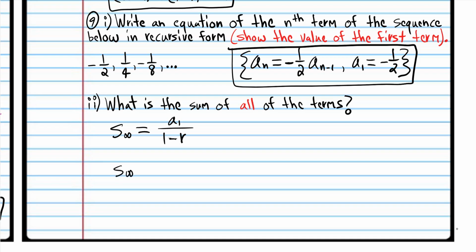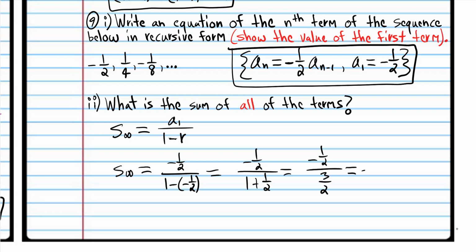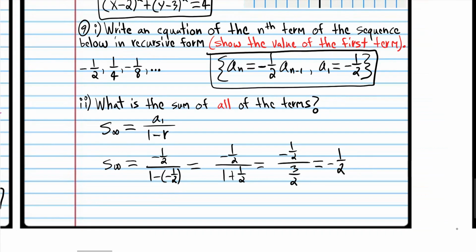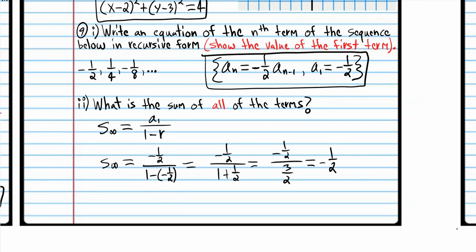Alright, so the first term is -1/2. The common ratio is -1/2. So now all we have to do is simplify this, and we have the sum of all the terms. So we have -1/2 over 3/2. A lot of students have trouble with this basic math, but at this point you really shouldn't be having trouble with this.